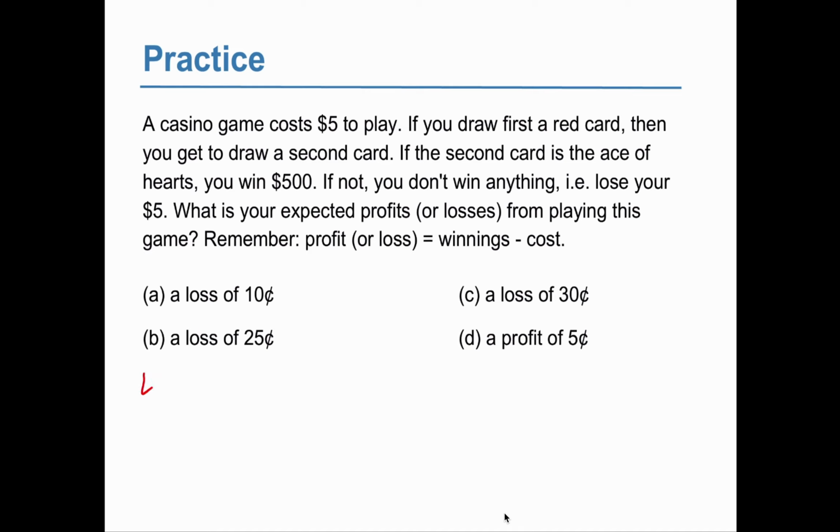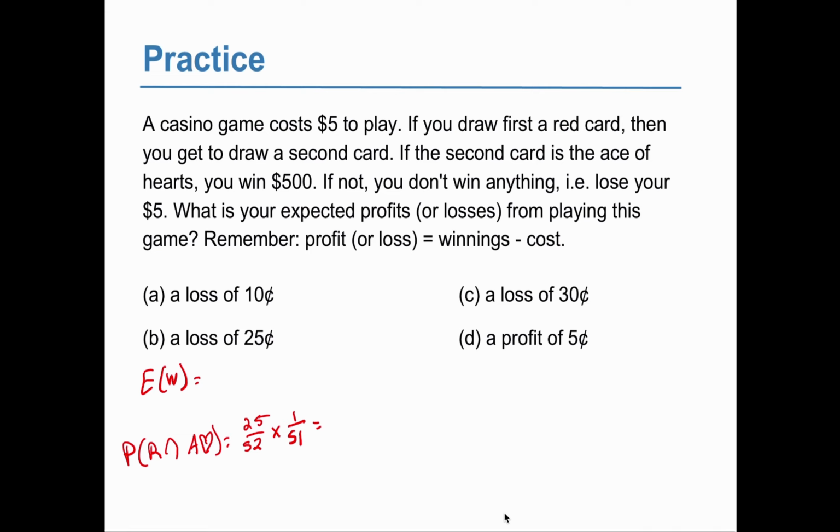So the expected value of your winnings is going to be the probability of winning. So the probability of drawing a red card and then drawing the ace of hearts. Your probability of drawing a red card that is not the ace of hearts is 25 over 52. And then your probability that the next card you draw is the ace of hearts is 1 over 51.